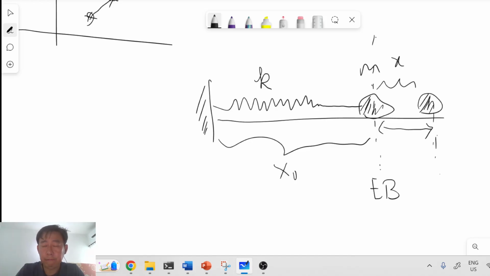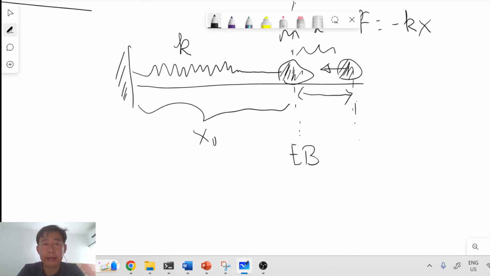As a result of such a displacement, a restoration force will be acting on the mass. This force is coming from the spring. The spring will exert a force which is opposite to the displacement. This is the net force that acts on the particle.